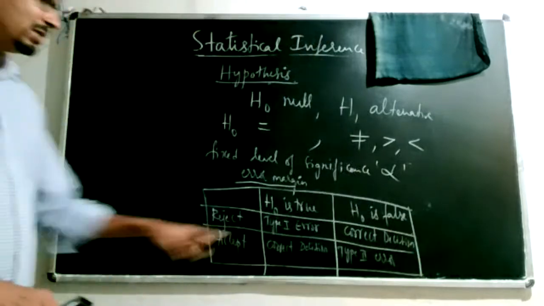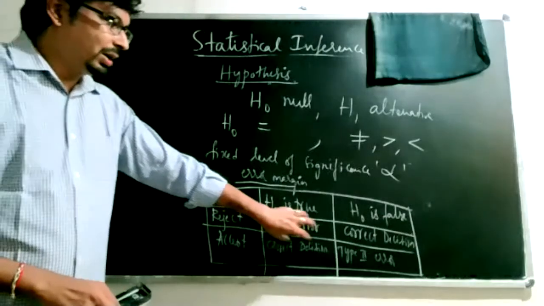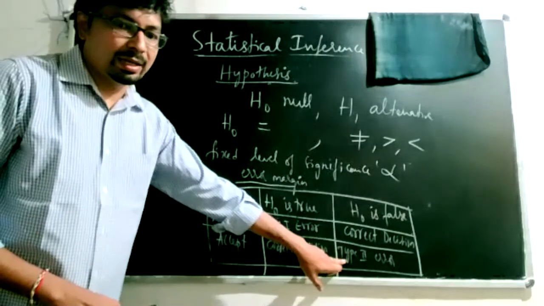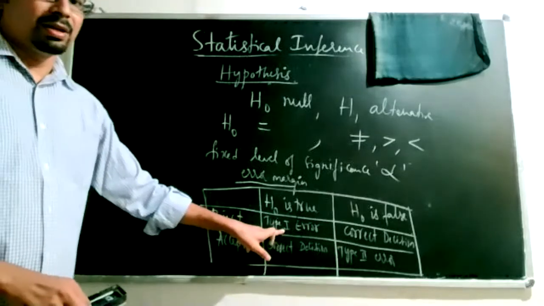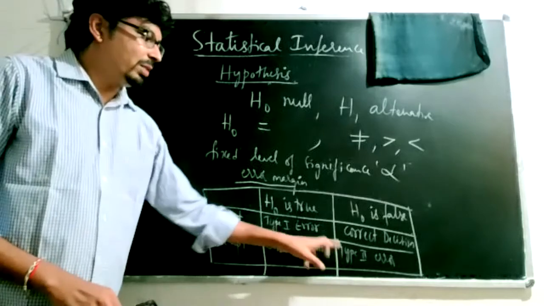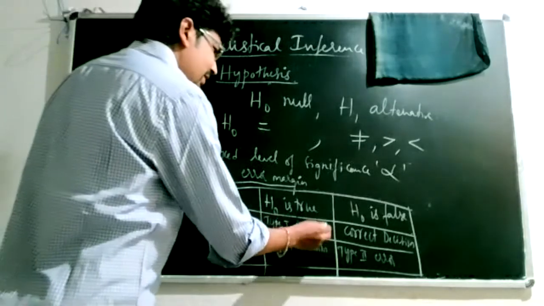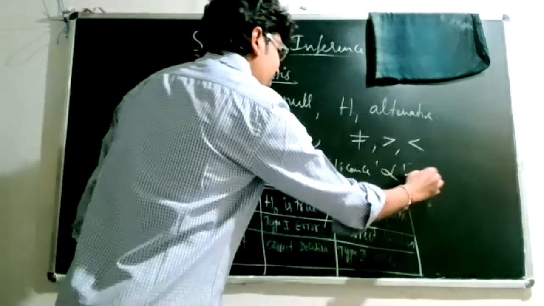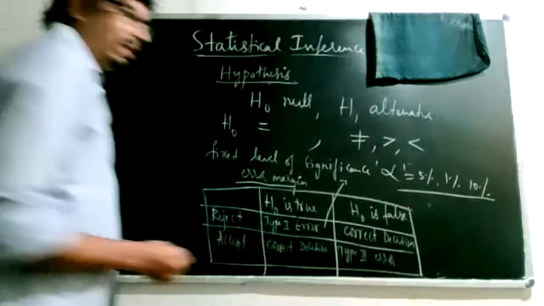If you look into the probabilities associated, since these are the 4 cases, increasing the value here will lead to a decrease here. A decrease or increase here will have an adverse effect. So you cannot actually control both, but you can try to minimize them as far as possible. That's why we fix this type 1 error at like 5% or 1% or 10%. What is that indicating?